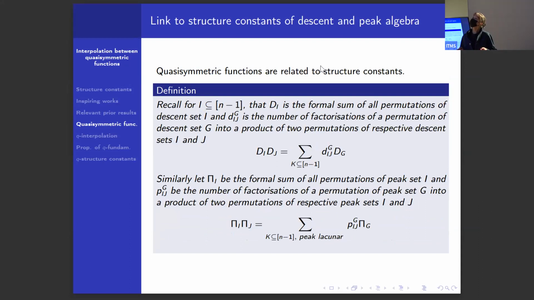So now we would like to underline the connection of quasisymmetric functions to the structure constants of the descent and the peak algebra. I already defined before that the structure constant for the descent algebra is basically the number of factorizations of a permutation into two permutations with given descent sets. In fact, we have a very similar definition and similar result for the peak sets.